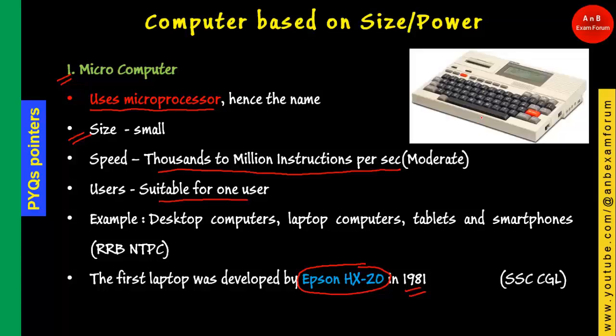Okay, so you can relate that in year 1981 this was the first laptop. It has all the features. Why is it called laptop? Because you can take it in your lap and do the task by sitting or anywhere. So the first laptop was developed by Epson HX20. Just remember the name Epson HX20.